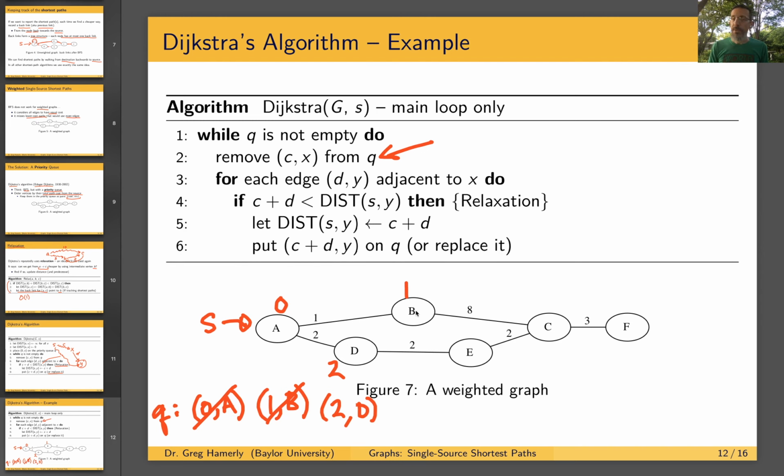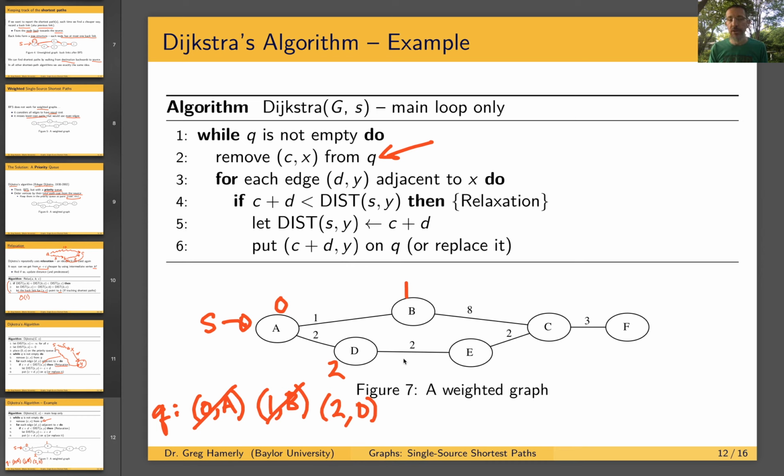Removing B from the priority queue, I look at all the outgoing edges, which go to A and C, and clearly going back to A is not going to improve the cost of getting from A to itself. In other words, going from A to B to back to A doesn't help things. In other words, 1 plus 1 is not less than 0.